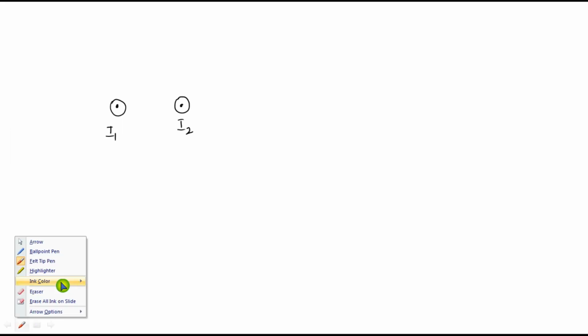Okay, so first let us say this is I1, this is I2, right? The current is out of the plane, obviously.